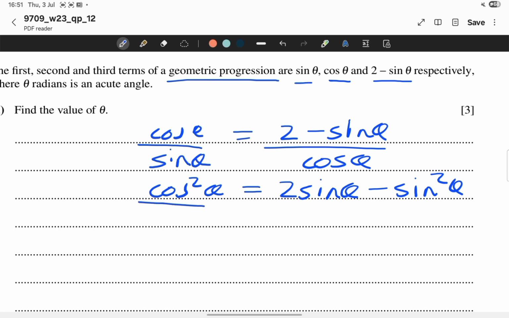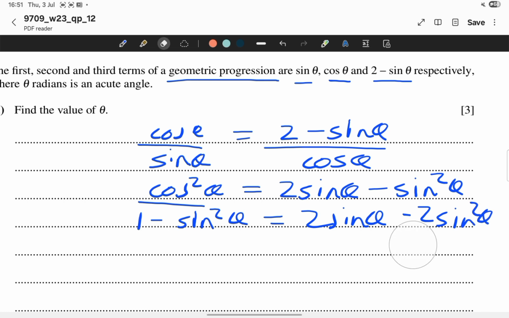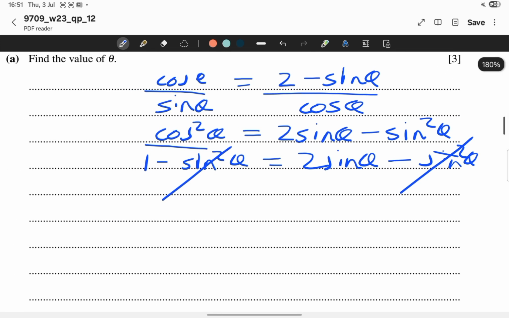Then we know that cos squared theta is 1 minus sine squared theta, which equals 2 sine theta minus sine squared theta. No, this is not 2 sine squared theta, this is just sine squared theta. This is minus sine squared theta, and minus sine squared theta and minus sine squared theta will cancel out, because when we take either one of them to either side, they will cancel out.